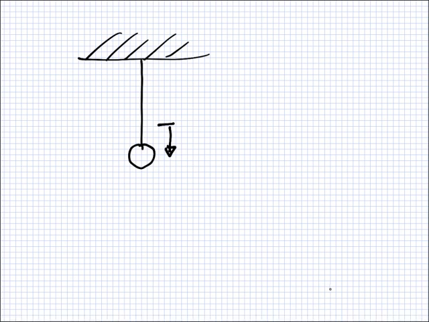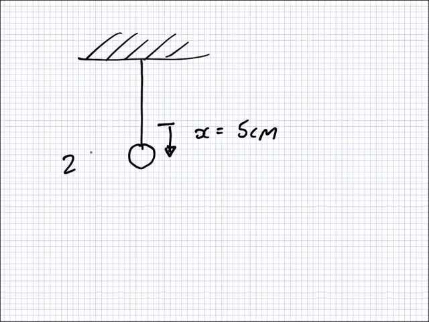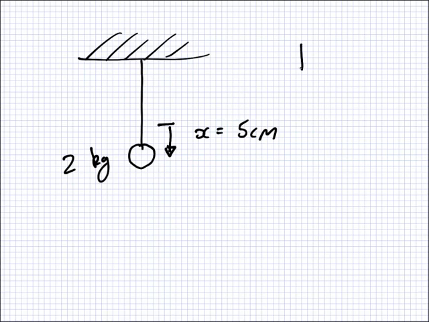Okay? So it extends by 5 centimeters. And this is 2 kilograms. And my question is, what's the K? And of course, I'll remind you that in this picture it is not moving.